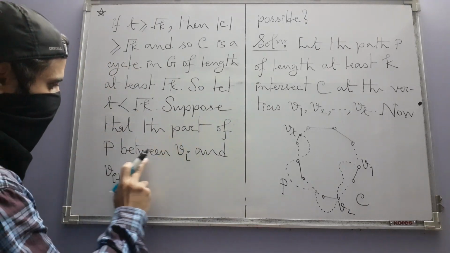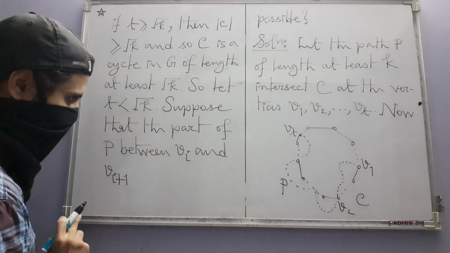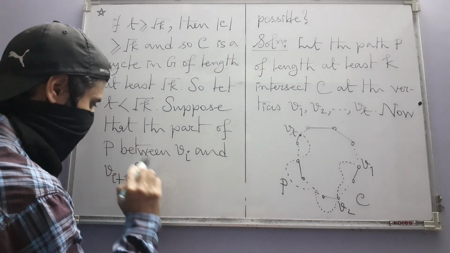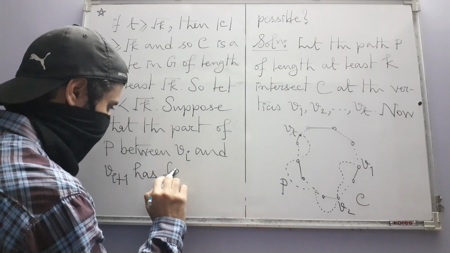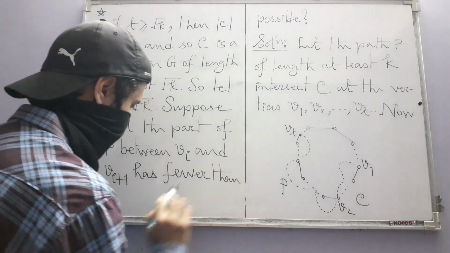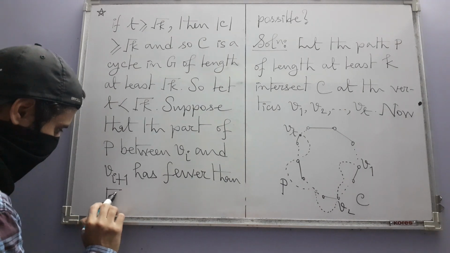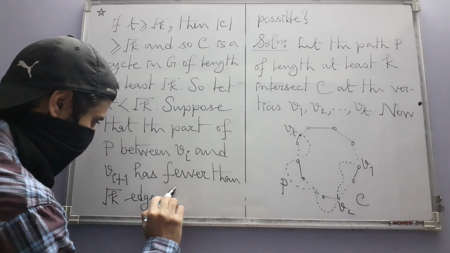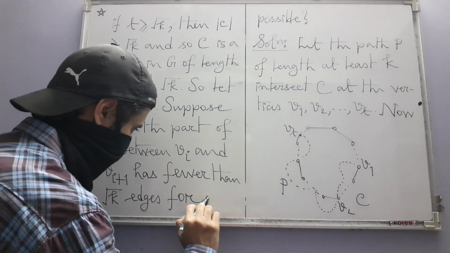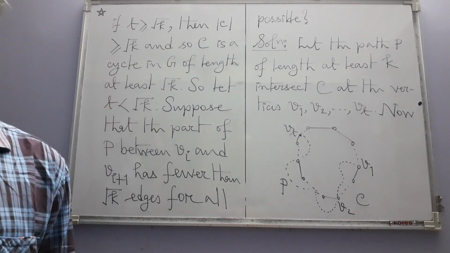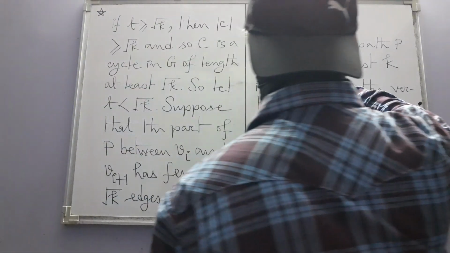Suppose that the part of P between Vi and Vi plus 1 has fewer than root k edges, for all possible i. What happens if that is our supposition?